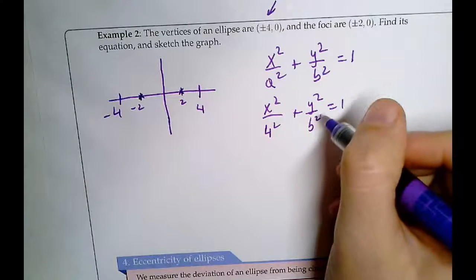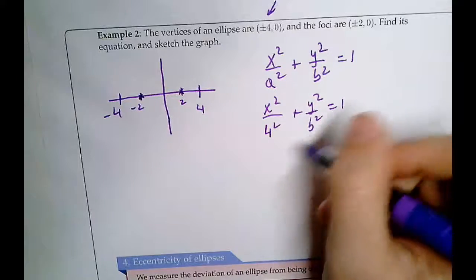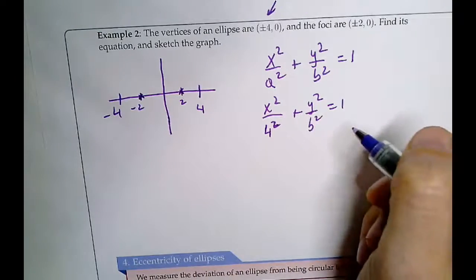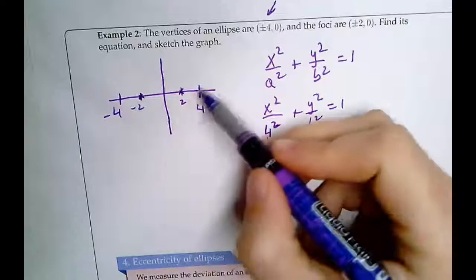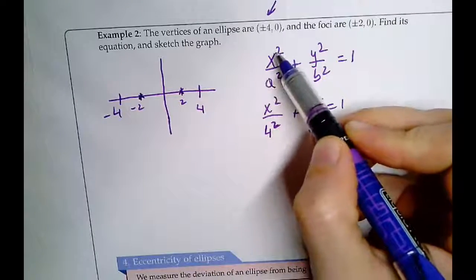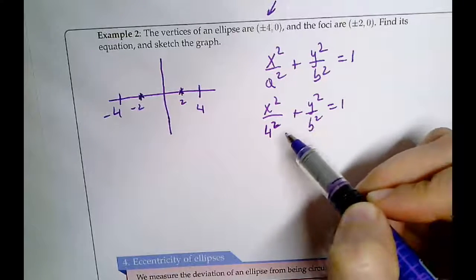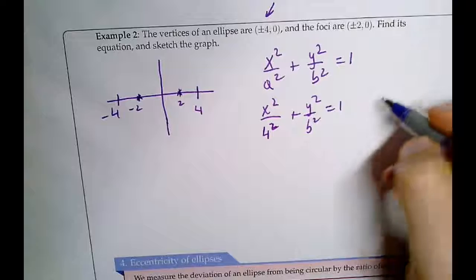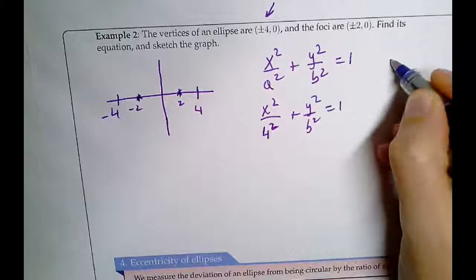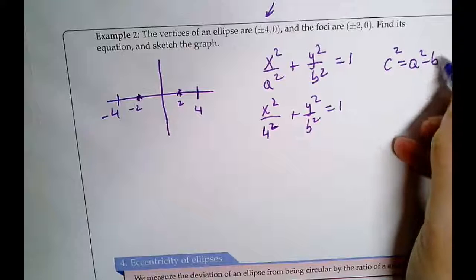Should b be greater than a or smaller than a? Well, since it's an ellipse on the x-axis, the denominator that comes with the x is going to be larger. So when we find b, we better get a number less than a. So who's going to give us b? We know that c squared equals a squared minus b squared.